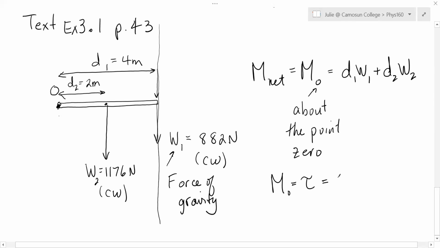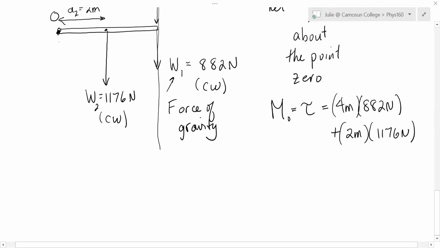So we just multiply these things together. 4 meters times 882 newtons plus 2 meters times 1176 newtons, and you get a net clockwise torque of 5880 Newton meters. And then you would say clockwise, and that's your net torque. Okay, so that was pretty easy.